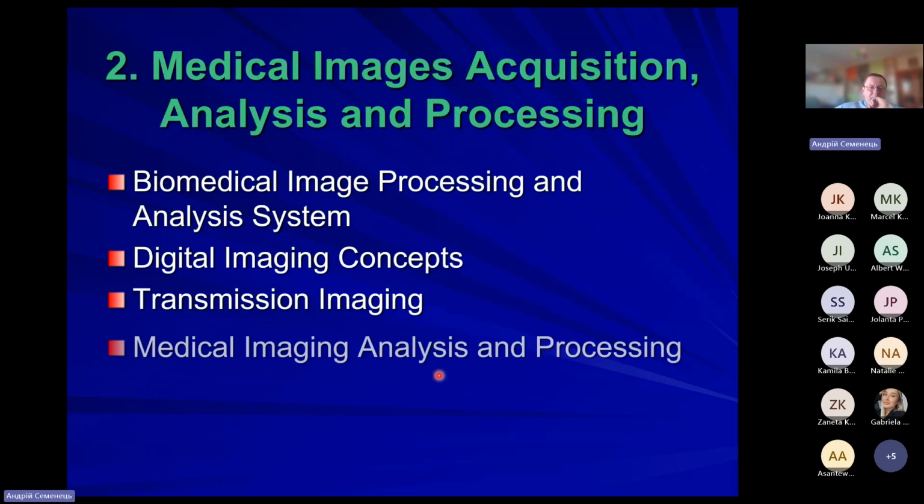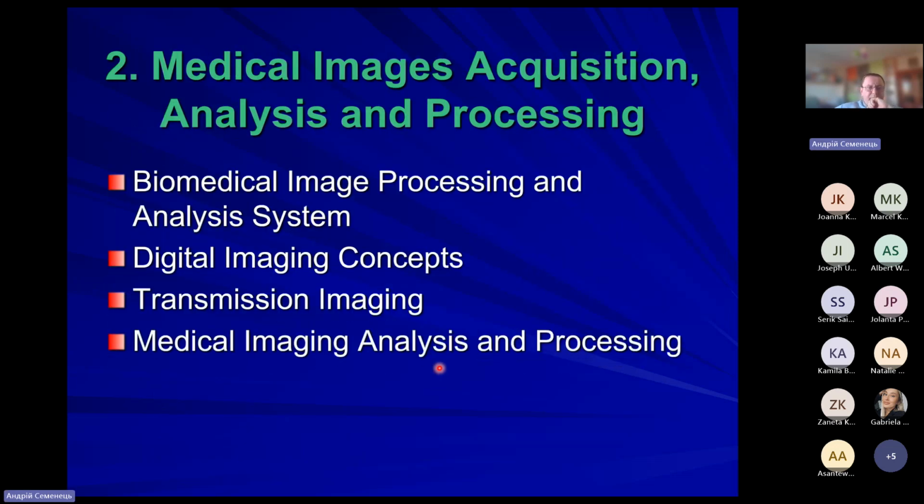Okay, so after this basic introduction about the importance and classification of medical images, let's move to the second question in our lecture, the process of medical image acquisition, analysis, and processing. First of all, we have to identify the general biomedical image processing and analysis system units.